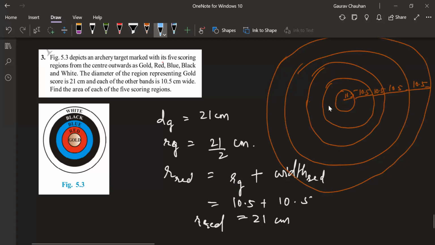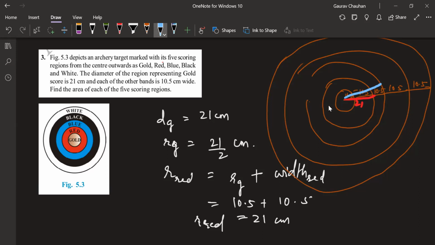Now, can you find the radius of the red one? This is the radius of the red one. It's 21. Radius of red one is 21. Radius of blue one is from here till here, that's 21 plus 10.5.